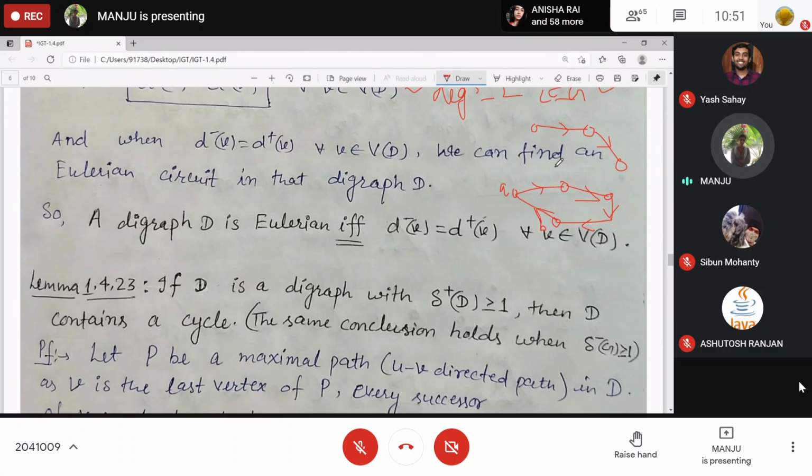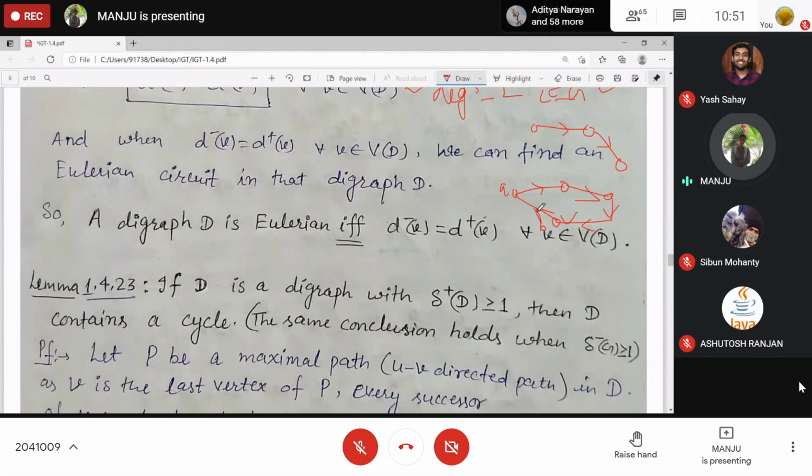At least 1 edge is coming out of the vertex. Then what about this edge? This edge is coming out of the second last vertex. So with every vertex we have at least one edge coming out. That's why it has to be closed.